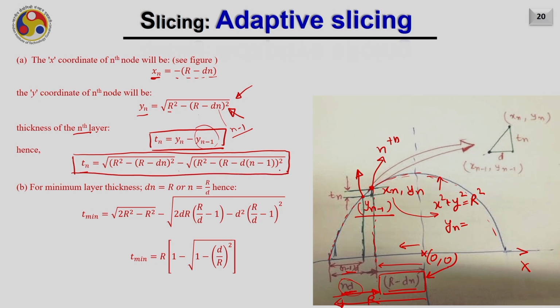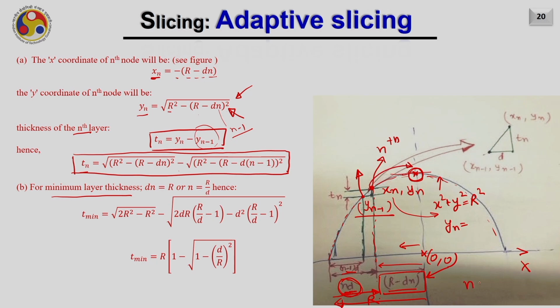Now if we want to find out the minimum layer thickness, we know that the minimum layer thickness will be obtained at the top of this circle. It is because the slope is 0 here, right? And hence the minimum layer thickness will be obtained at this particular layer. For that, of course, we need to just replace this distance when the node n is not here but here.